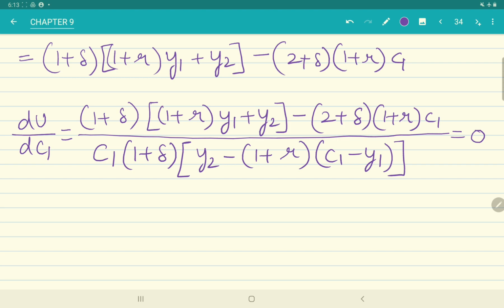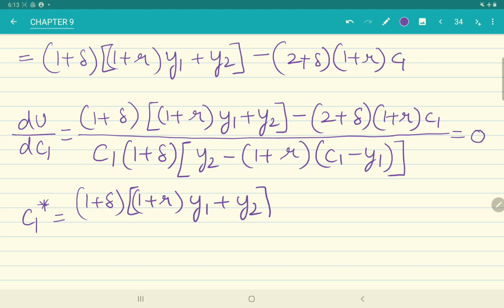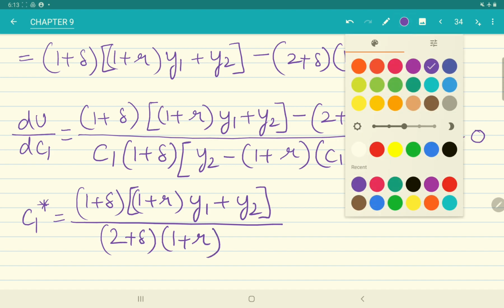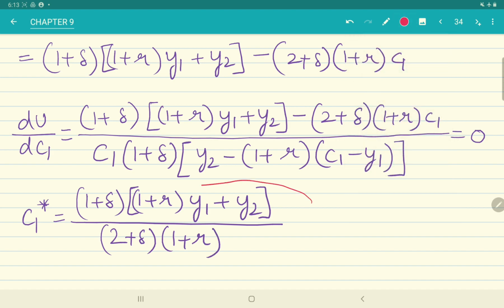Now if you want the solution to this, c1 star will be equal to (1 plus delta)(1 plus r)(y1 plus y2) divided by (2 plus delta)(1 plus r). This is my c1 star.